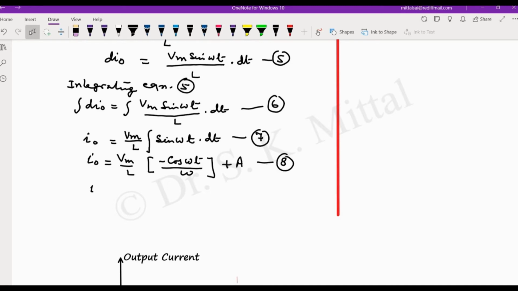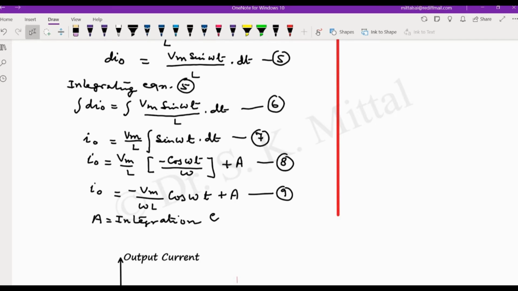So therefore, I0 is equal to minus Vm upon omega L into cos omega t plus a, where a is the integration constant.